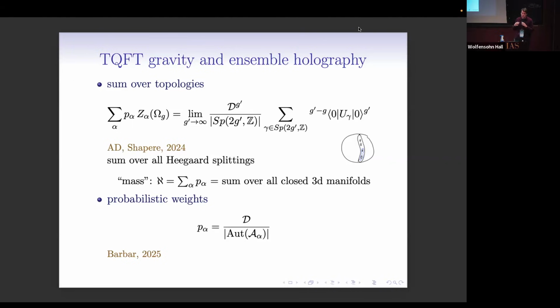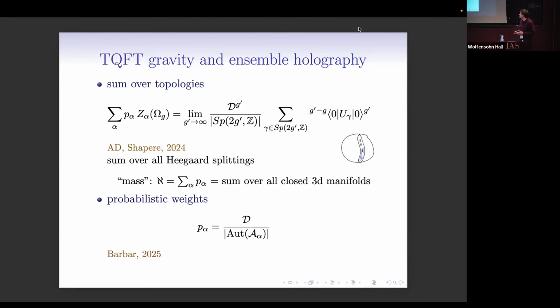So this procedure literally gives me a closed three-dimensional manifold through Heegaard splitting. And my proposal here is to sum over all possible Heegaard splittings, or rather average over all possible Heegaard splittings. Now it's known that all possible Heegaard splittings will give you all possible three-dimensional closed manifolds. So I'm happy about this, because this proposal tells me that I actually will include all possible manifolds in the sum. Okay, that's something nice.